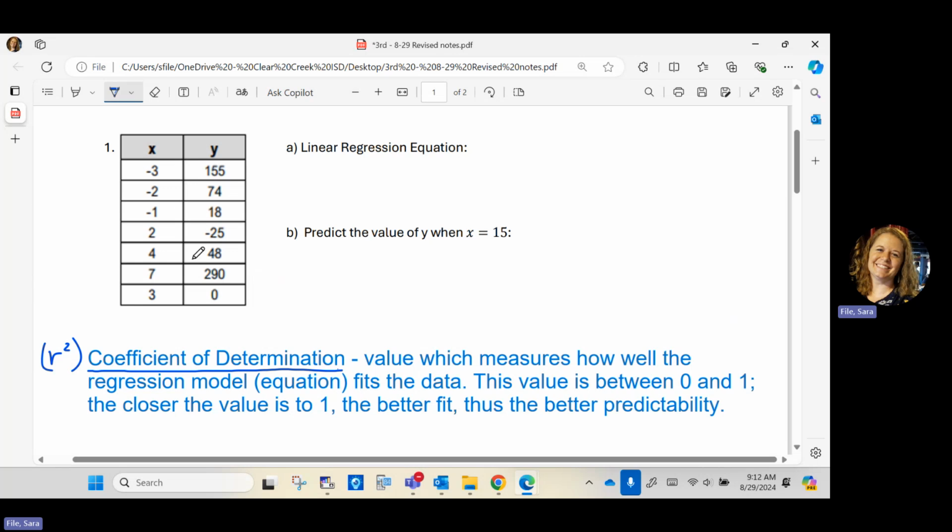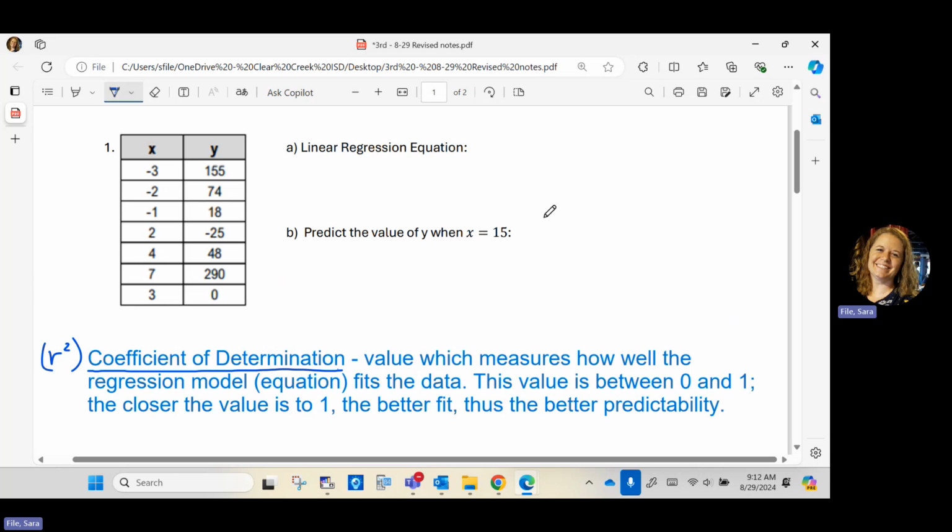Is everybody good with that definition? It's always a value between 0 and 1, and the closer to 1, the better. That means we can make more accurate predictions. The better predictions come from an equation when R squared is closer to 1.